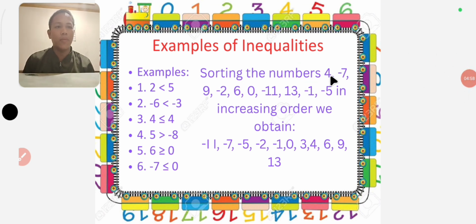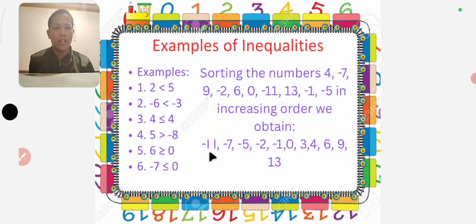Let's try to sort the numbers 4, negative 7, 9, negative 2, 6, 0, negative 11, 13, negative 1, and negative 5 in increasing order. Meaning, we need to find the smallest number up to the highest number. If you notice, we have negative 11 as our smallest number because it lies to the left of all the numbers here, so we're going to put that in the lowest order.